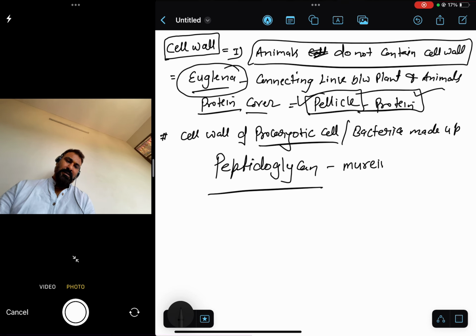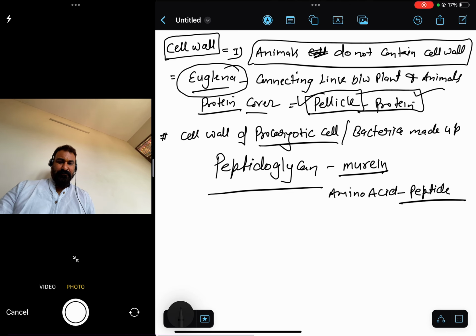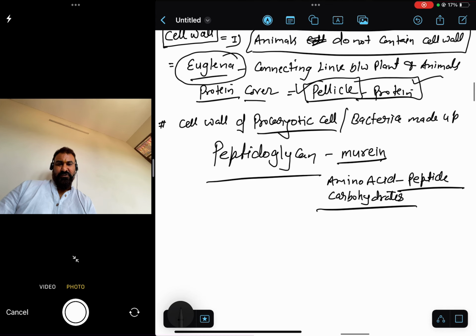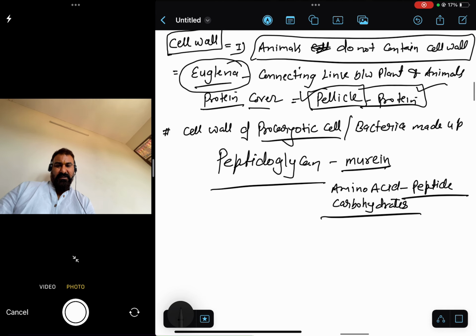It is also known as murein, and it is composed of amino acids, that is the peptide, and glycan means it contains carbohydrates. So the cell wall of bacteria is made up of peptidoglycan, or murein. This is a very important question asked in many CUET and NEET exams.